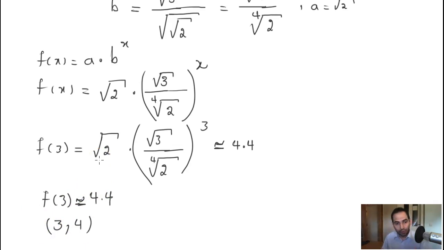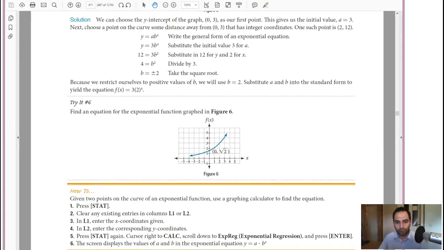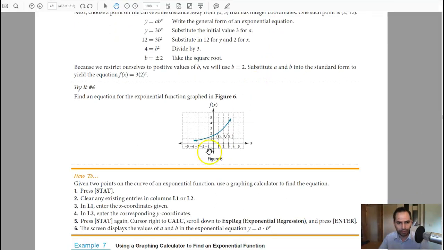So that's basically how you would write an equation based on the graph of the function. Now in the next part of the book, there is a how-to that says: given 2 points on the curve of an exponential function, use a graphing calculator to find the equation. You need to know how your own calculator works.